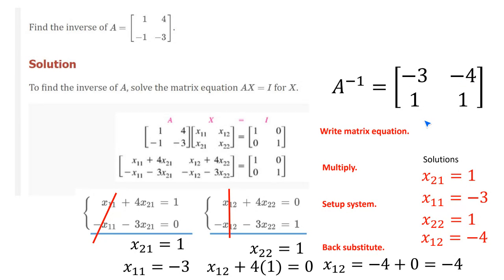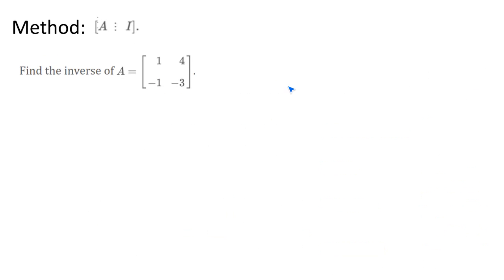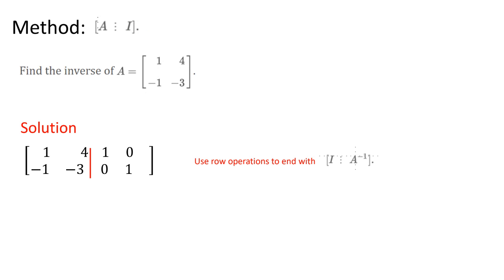So if you feel comfortable with systems, then this might be the method that you're going to feel more comfortable with. But the second way to do it is using row operations, what we used last week. In order to do the row operations, we're going to have our matrix A, and then we're going to attach the identity matrix. Okay, so it will look something like this.